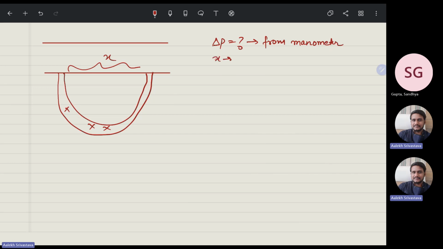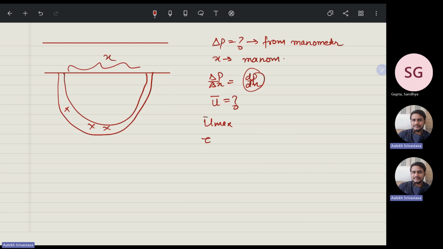They know what is the x in between which the manometer is connected. So they will take delta P by delta x is equal to dP by dx. And they will simply put it in the equation and they will get what is the average velocity that is flowing, what is the maximum velocity that is flowing, what is the shear stress.